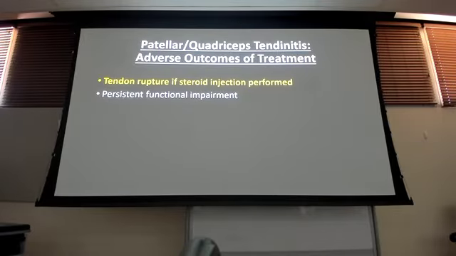Yes, we'll talk about that. So just be careful with that. You get it? Persistent functional impairment: if they can't obtain or maintain a straight leg raise, can they walk normal? No. So if you call me on the phone, tell me the patient sustained a quad tendon rupture, and they walk into my clinic, I'm very confused. It just doesn't make sense to me.